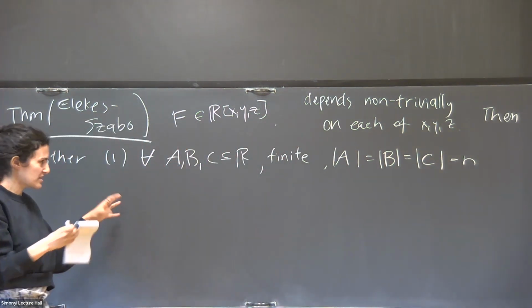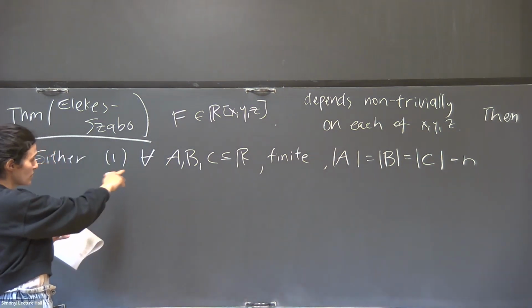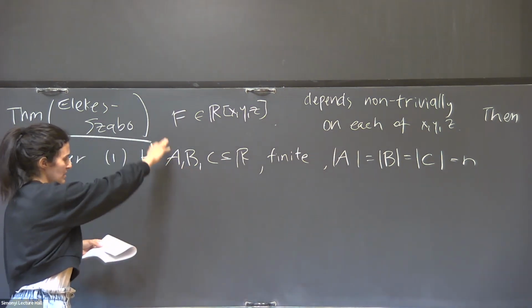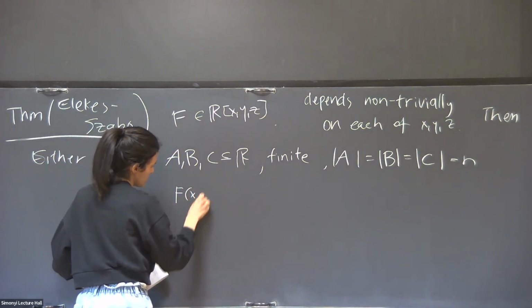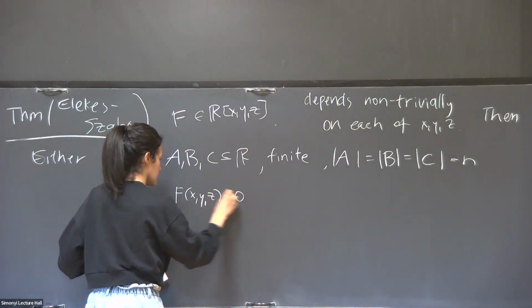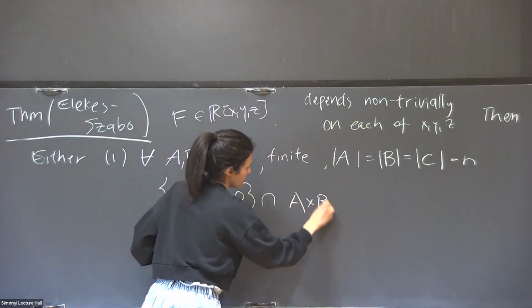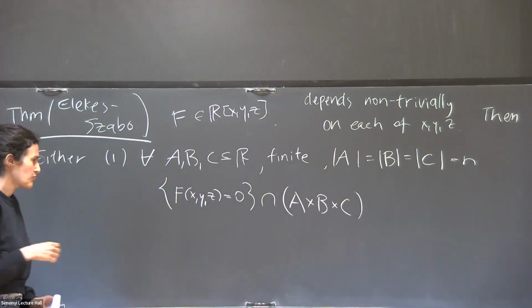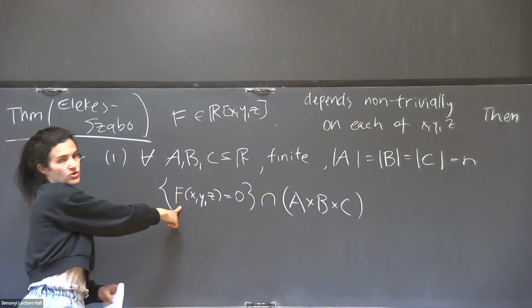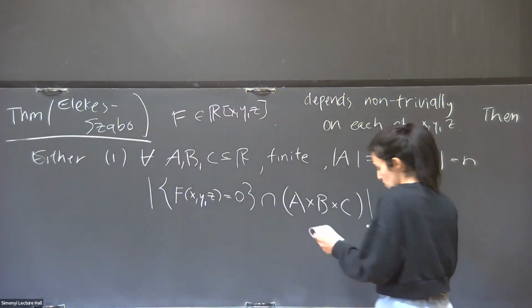But otherwise, there is an expression that depends on the cardinalities of A, B, and C. So no matter how you choose A, B, and C, the number of points of the Cartesian product, n by n grid, that lie on this surface that F defined is going to be small.